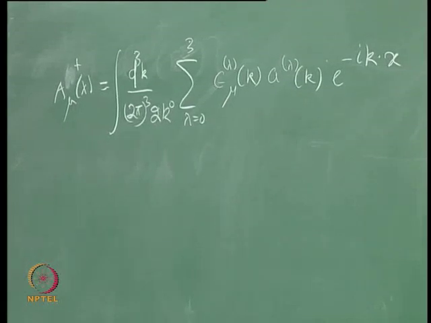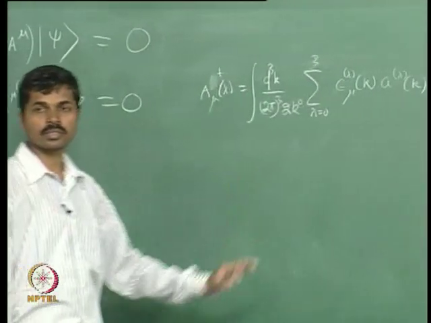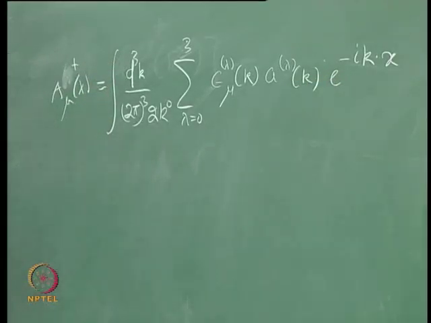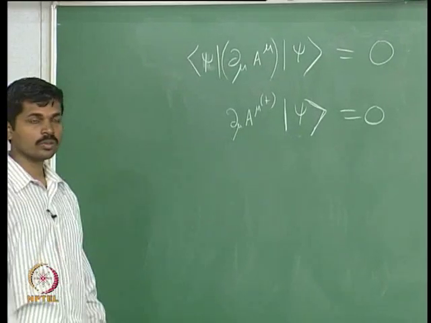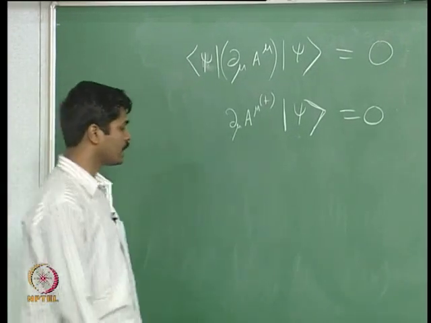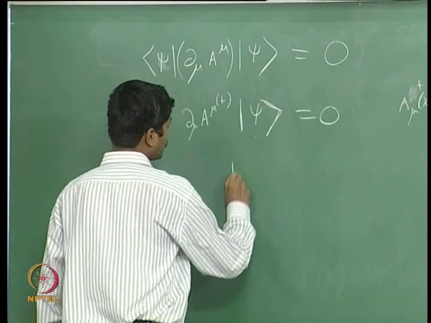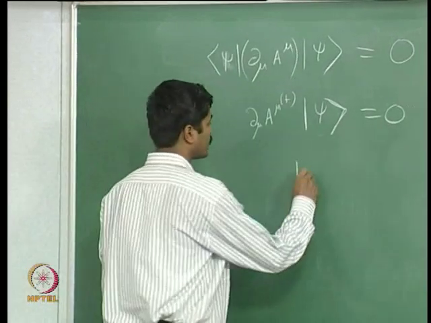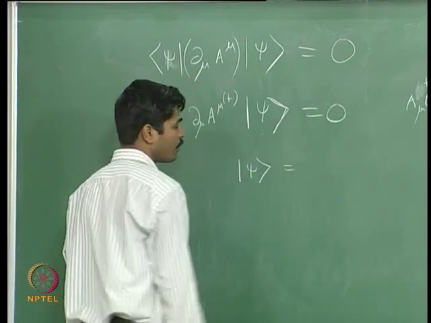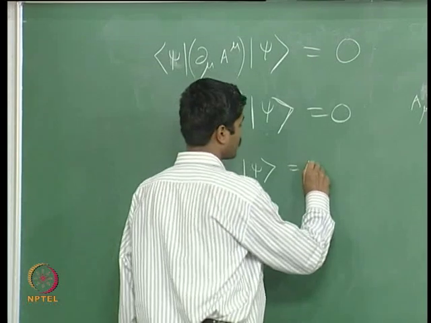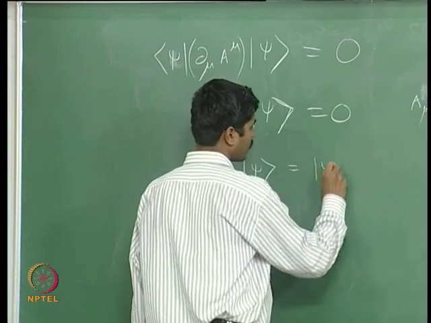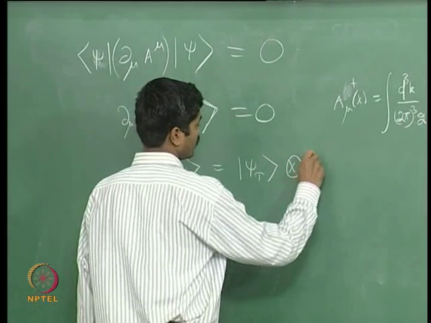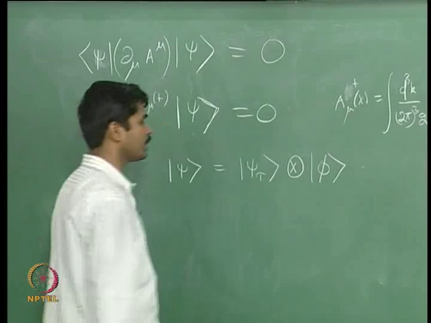So what do we get when we impose the condition that this quantity acting on some state gives you 0? To do that, let's consider a basis in the Hilbert space which is given by this formula. I can choose a basis of states which are of this form, |ψ_T⟩|φ⟩.